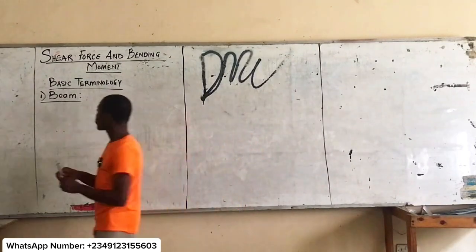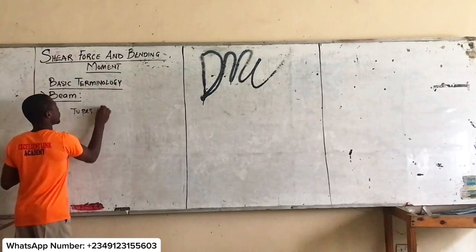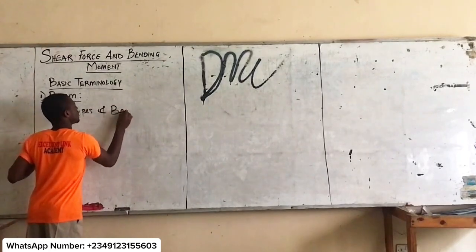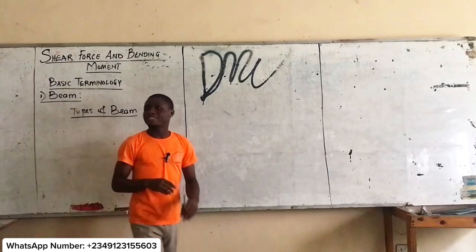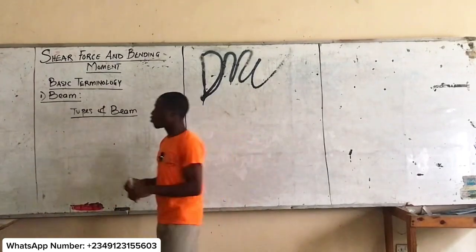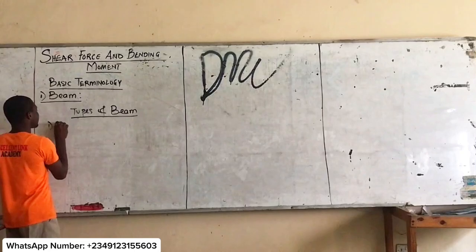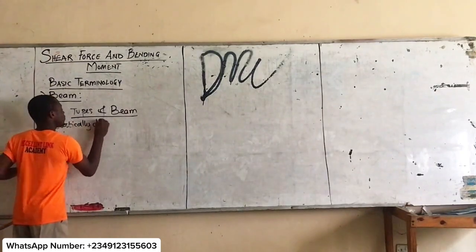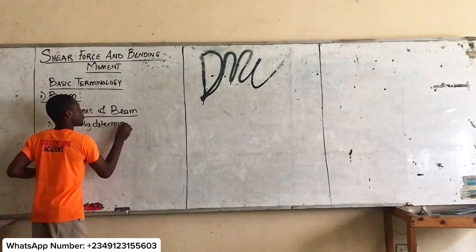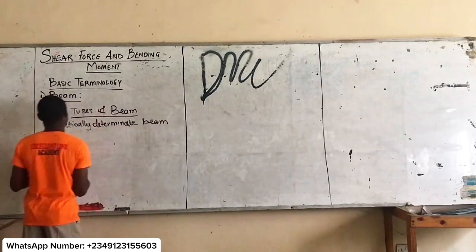Types of beam. Number one, we have the statically determinate beam.